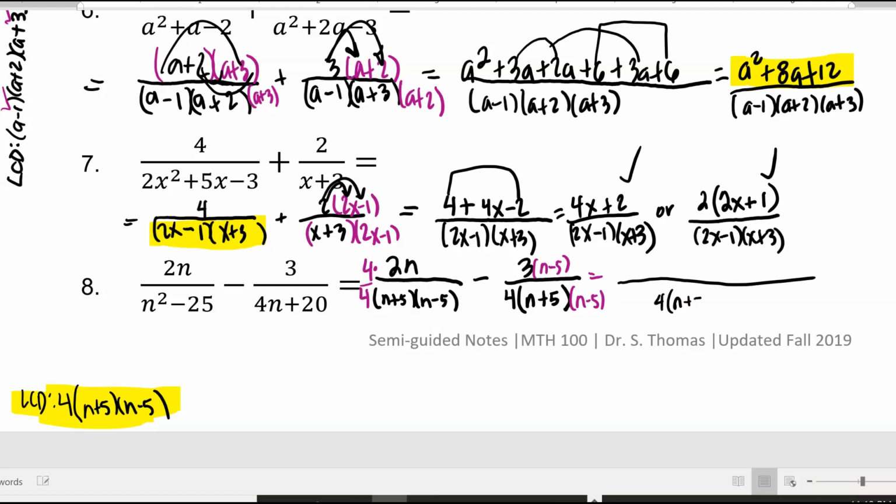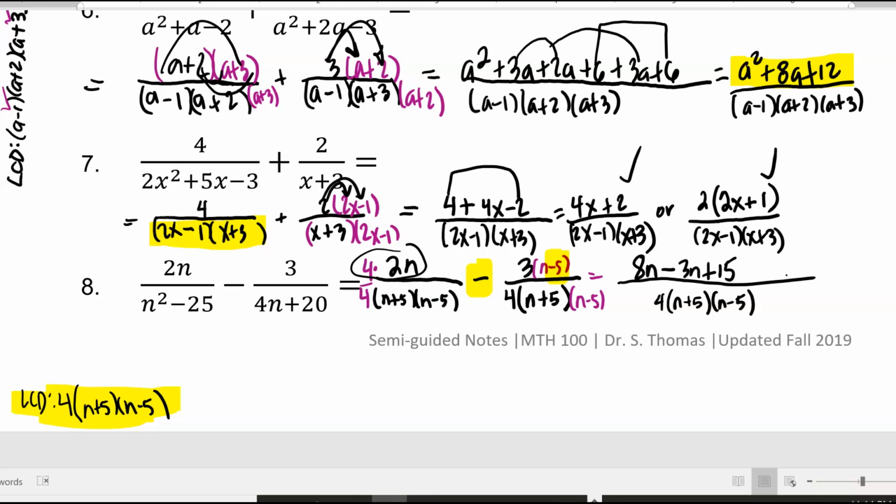First, we need to write our LCD because both denominators are the same. And then we multiply. 4 times 2n is 8n, minus 3n plus 15. Why is it plus? Again, negative times negative is positive.